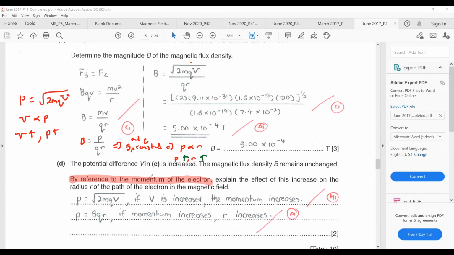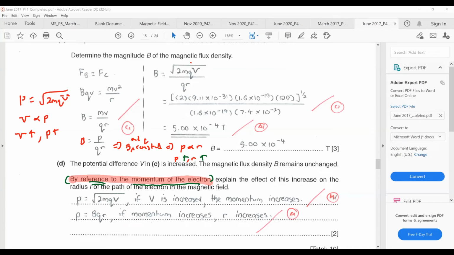Because they say with reference to the momentum of the electron, you have to first refer to what happens to the momentum. You must make reference to it because the question says by reference to the momentum of the electron. You need to explain first what happens to the momentum of the electron. From the equation, P is equal to square root 2mqV.